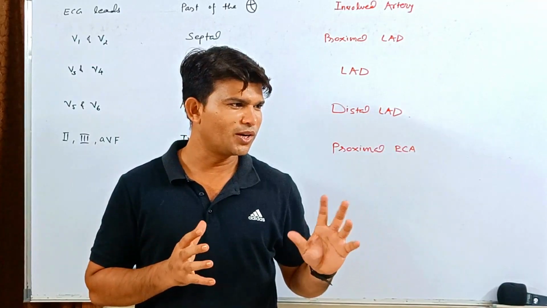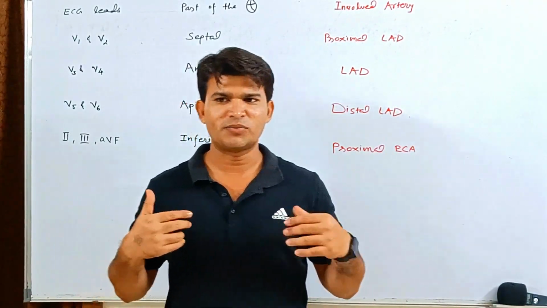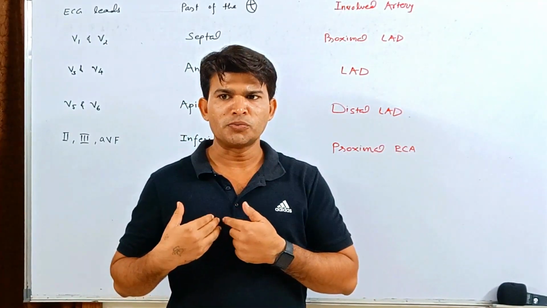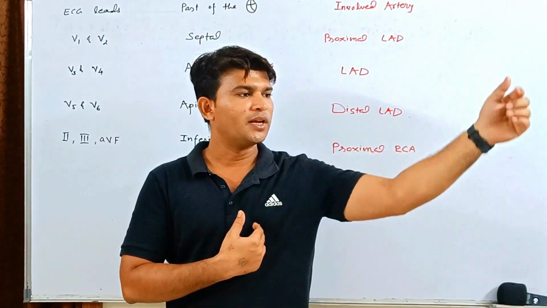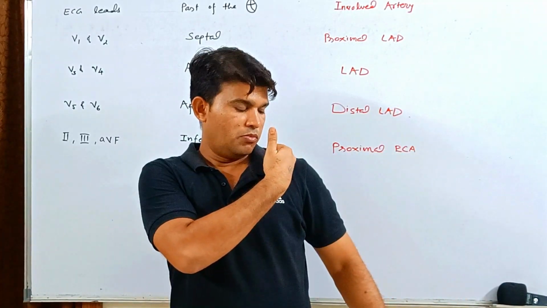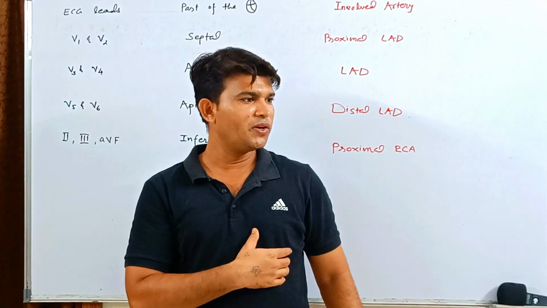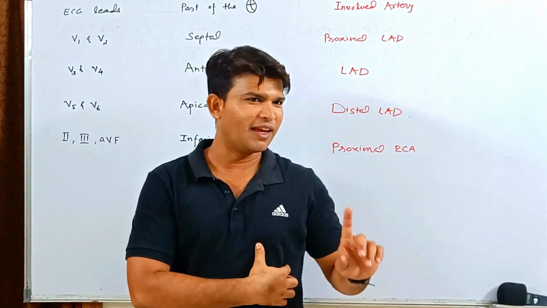Do you know the placement areas? I'm quickly repeating. V1, right parasternal, fourth intercostal space. V2, left parasternal, fourth intercostal space. V4, mid clavicular line, fifth intercostal space. V3 midway between V2 and V4.